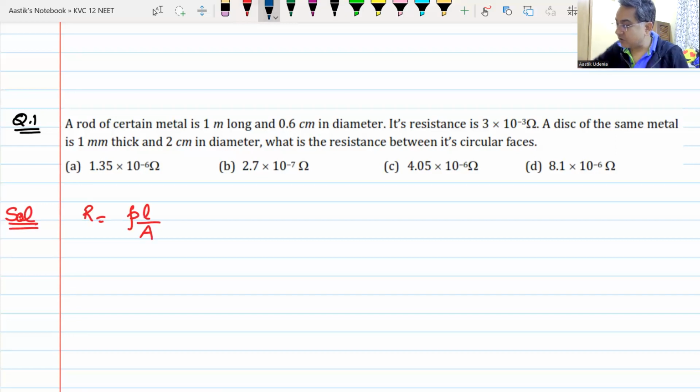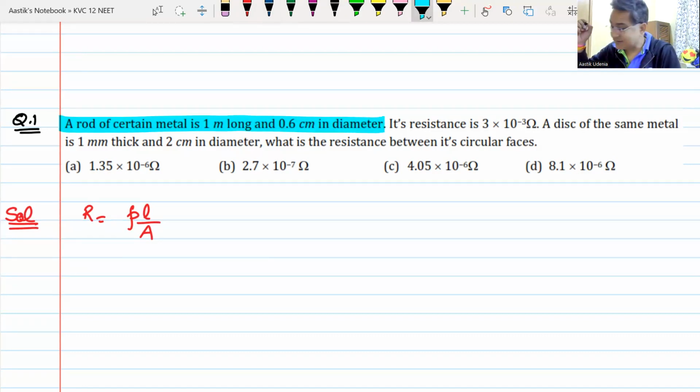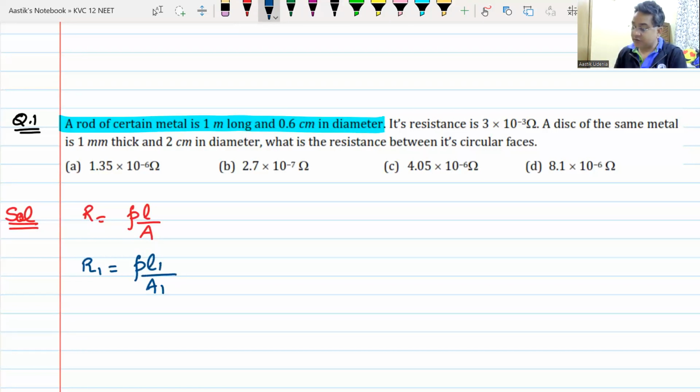Now, for the rod, let me color it with blue. The rod is 1 meter long and 0.6 centimeter in diameter. Let me call the resistance R1. R1 will be equal to rho into L1 divided by A1 for the rod. So I can write it as rho is rho, length is 1 meter, divided by the area.